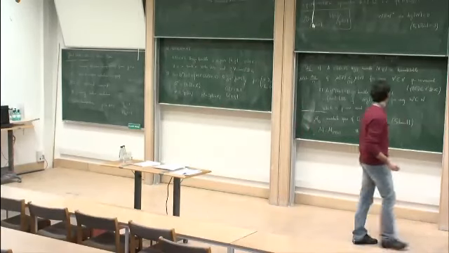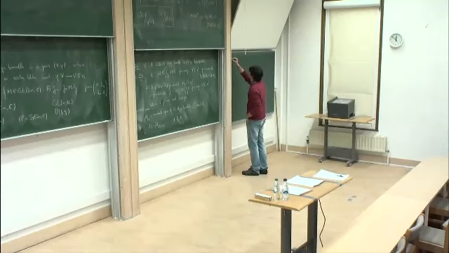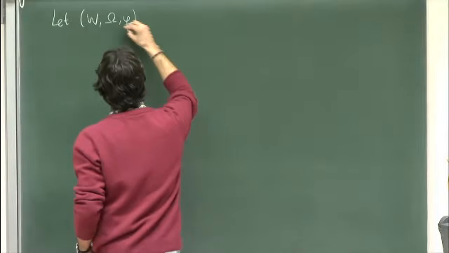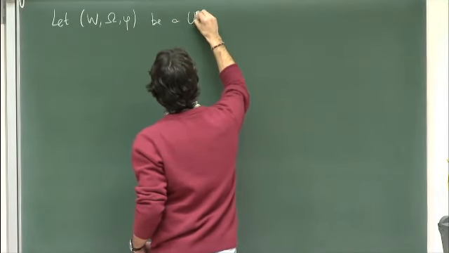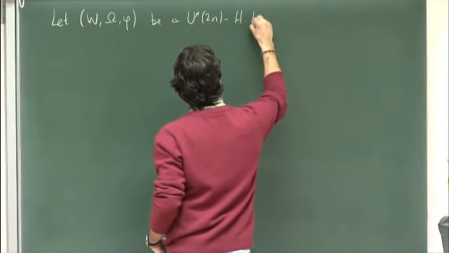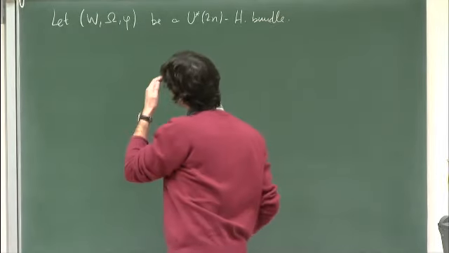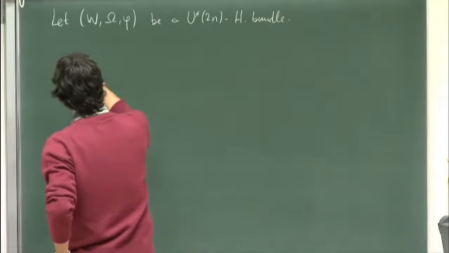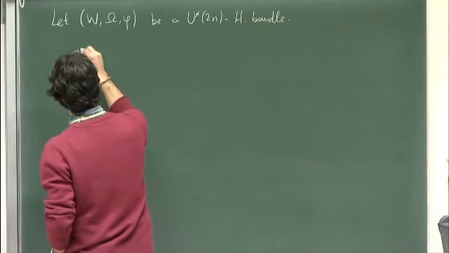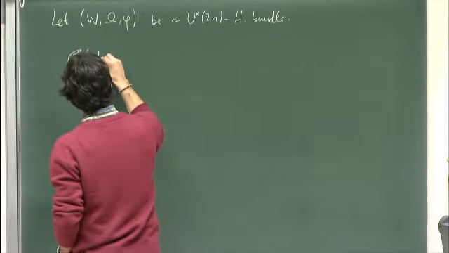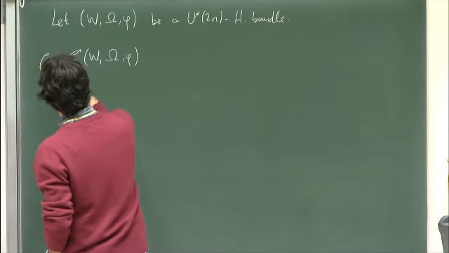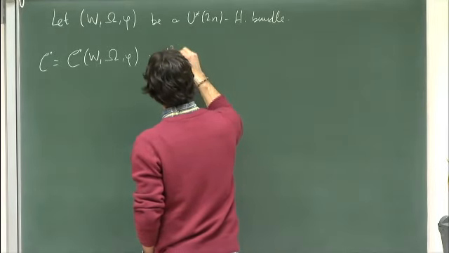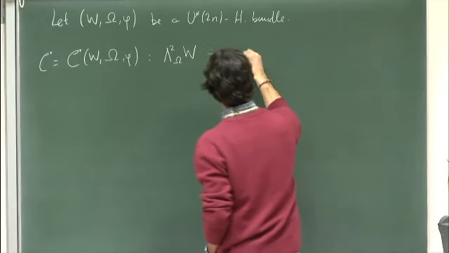So now let's consider a U star Higgs bundle, and for each of these objects we consider the following complex of sheaves which goes from here to here.